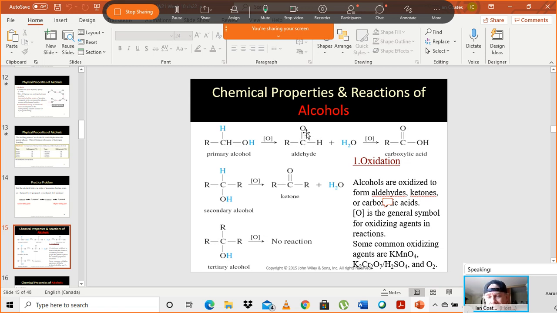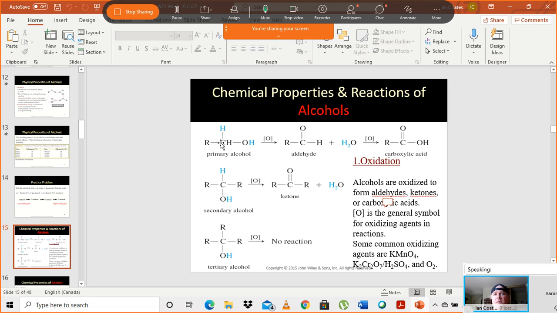But an aldehyde is only on the end of the chain. A ketone is in the middle of a chain. Same chemistry kind of, all right? But you'll see here you have the carbonyl group on the end. Here you have the carbonyl group in the middle, all right?